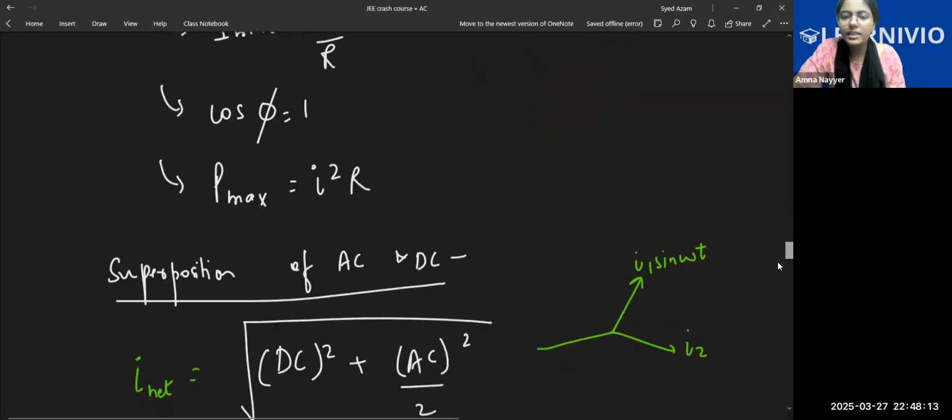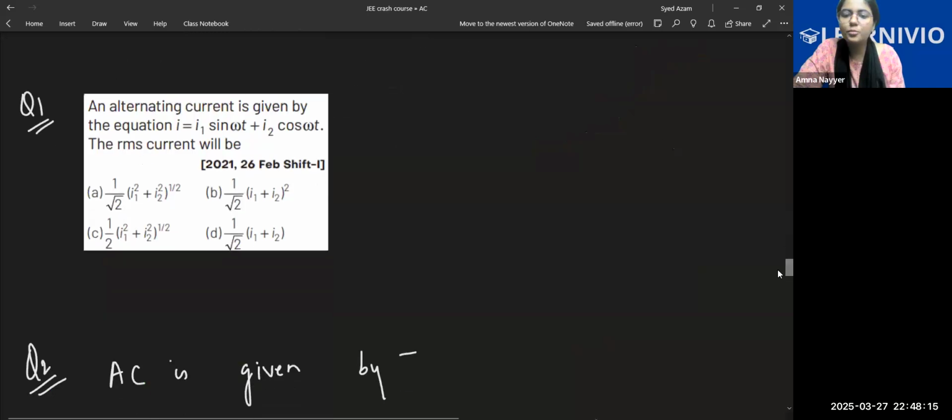See, these superposition parts are important. Look at this question. This is saying an alternating current is given by the equation I is equal to I1 sine omega t plus I2 cos omega t. Directly by seeing, I1 has t in it, I2 has t in it, it means both these currents are alternating currents.